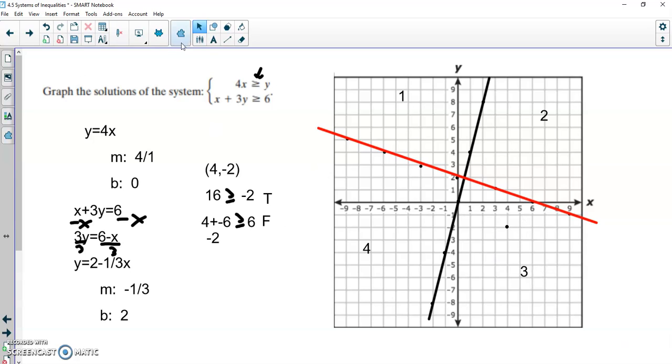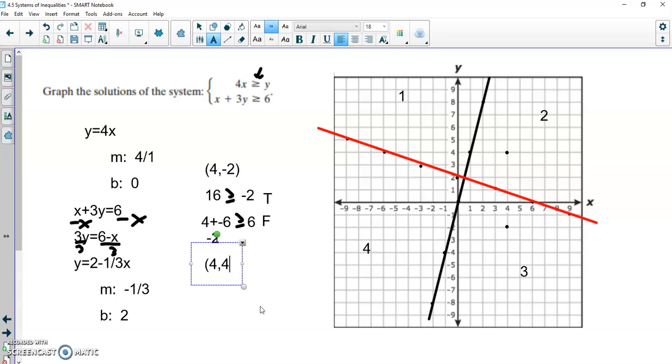So let's choose a different point in a different region. So again, I'm just going to choose a point here. Let's choose 4, 4. And again, I'm going to take that point and plug it into both inequalities. 4 times 4 is 16.